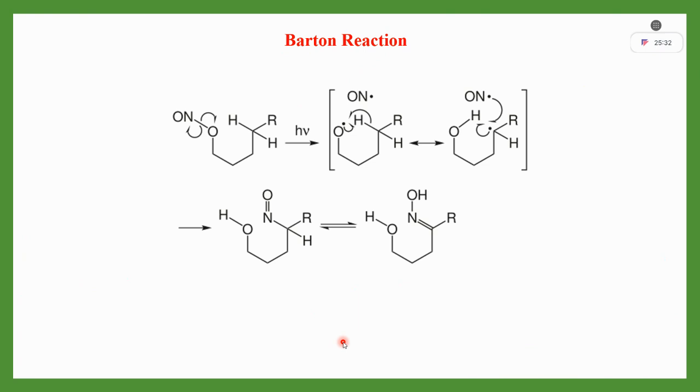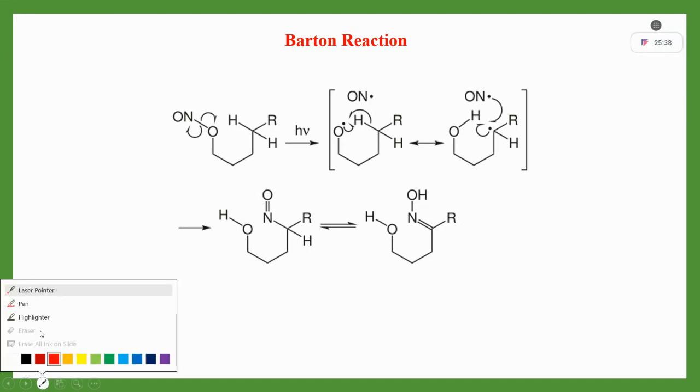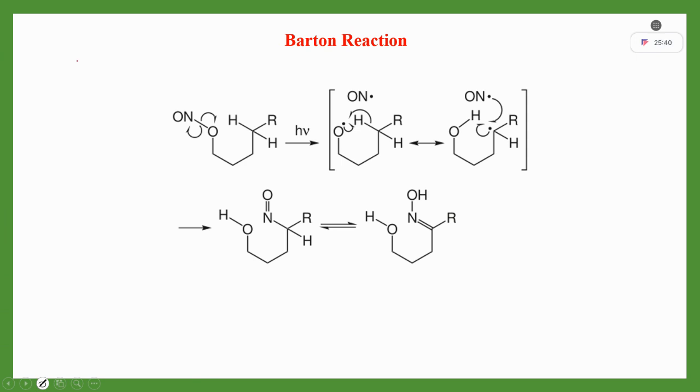So before coming to the Barton reaction, let me tell you how the examiner will ask you to form this nitrite ester. Yes or no? So this can be formed from your alcohol in presence of NaNO2 and HCl.